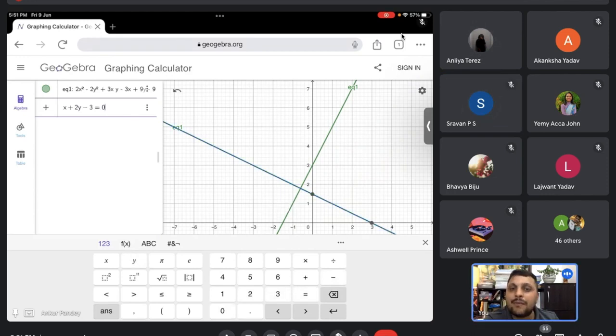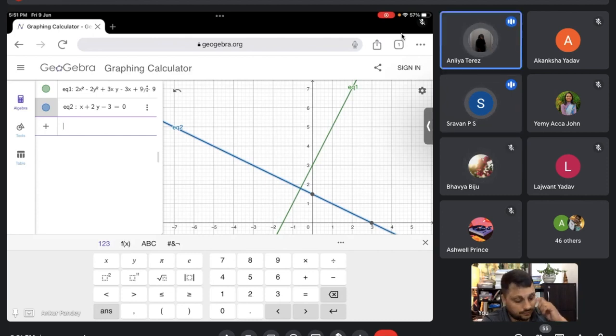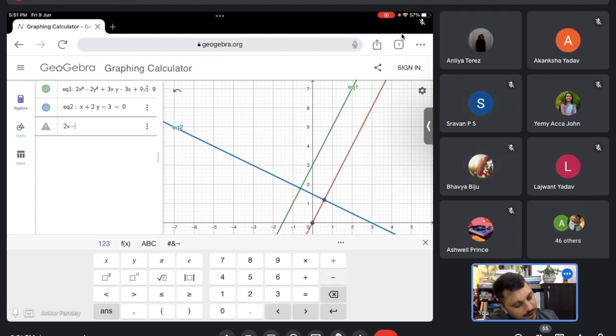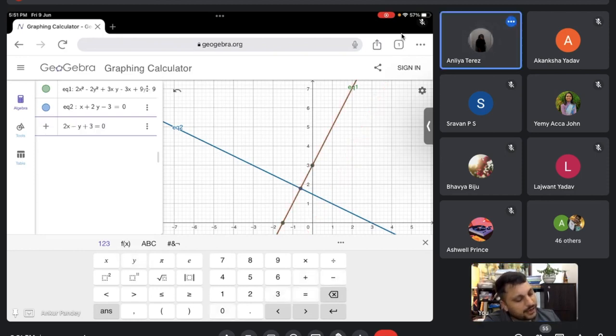See, the same line became blue. And what was the second line? 2x minus y plus 3 equal to 0. Look, the second line became red.